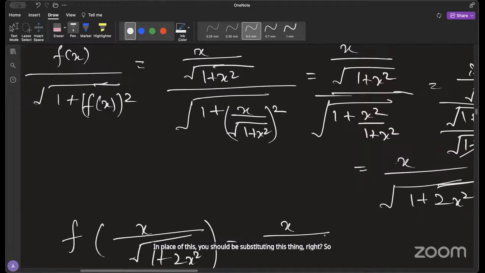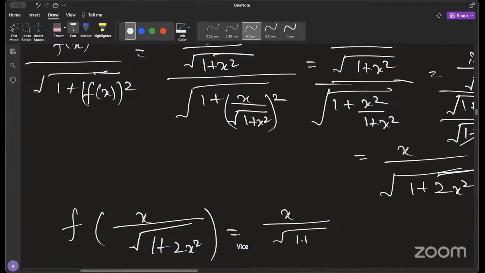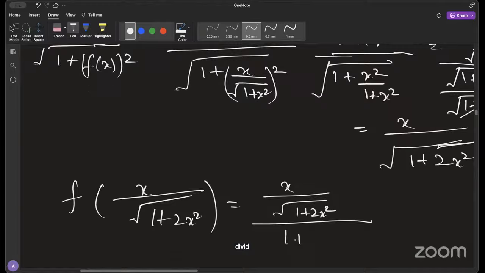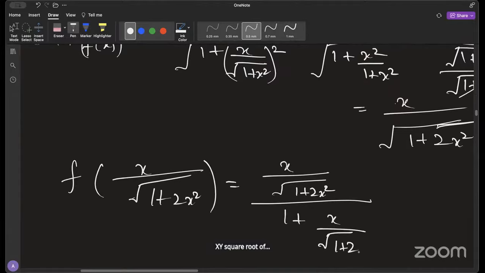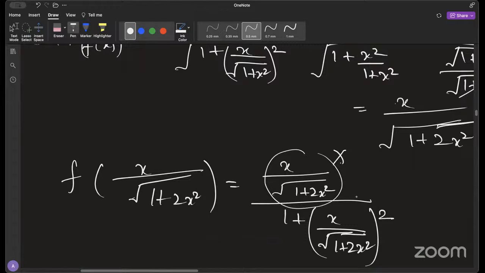So it will be x over square root of 1 plus 2x squared, divided by 1 plus x over square root of 1 plus 2x squared, and this entire thing squared. We've substituted this in place of x.